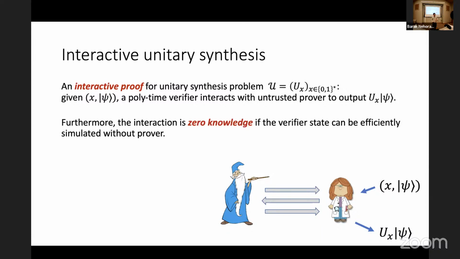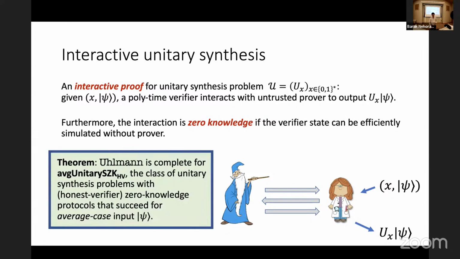We can also define a notion of zero knowledge for such protocols. This is roughly where the verifier state at each round in this protocol can be efficiently simulated without the help of a prover. If you've seen zero knowledge before, this should be very analogous.